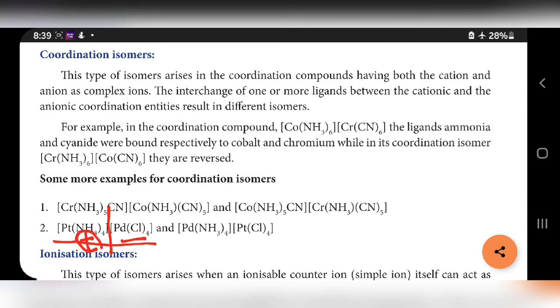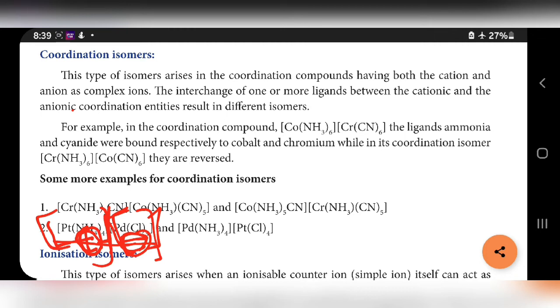Both cation and anion are complexes, that is, both are in square brackets. So this type of isomer arises in coordination compounds having both cation and anion as complexes.